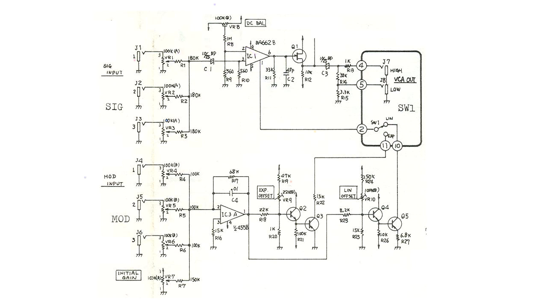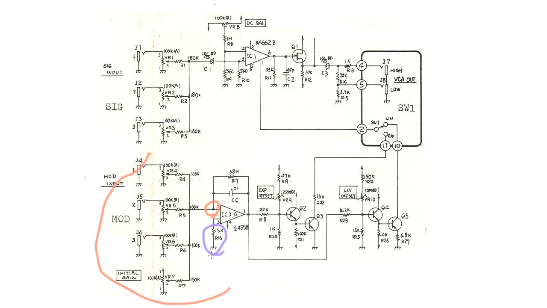Now, we can contrast that with the control voltage mixing network down here, which is using active mixing. So this op-amp here, this 4558, is holding this node here at a virtual ground. Now, you're probably wondering what that 15K resistor is doing there.